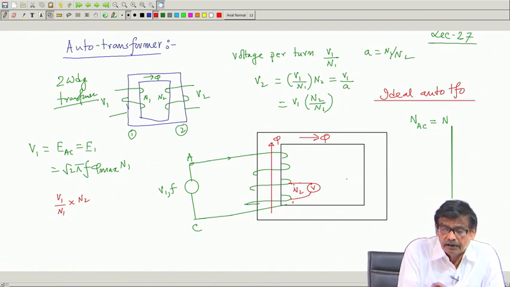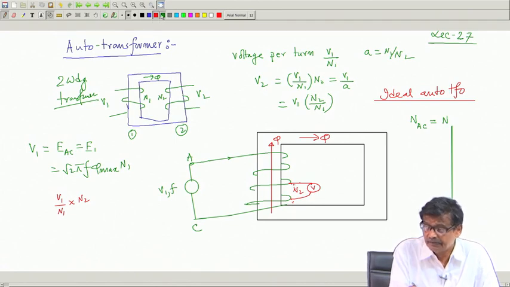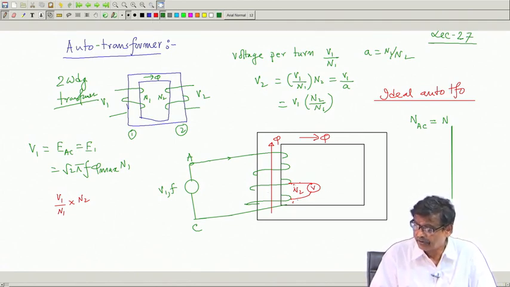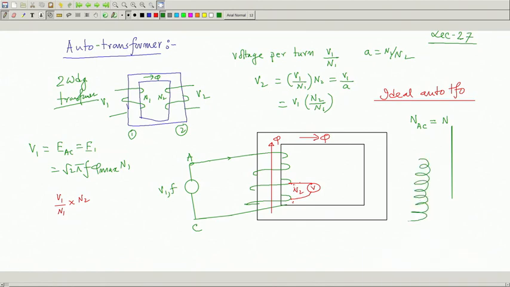For example, so this diagram henceforth I will draw it simply like this. This whole thing core I will not draw, I will simply draw a coil. Here you have applied voltage, and here you have taken tappings, suppose these 2 points. So, these 2 is your input terminal and these 2 is your output terminal.